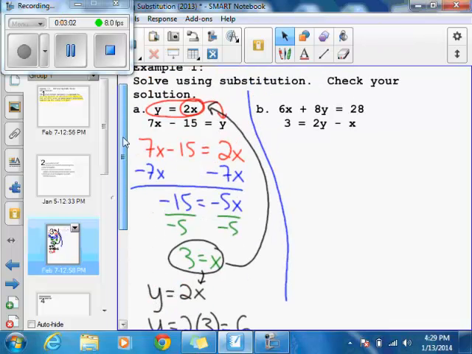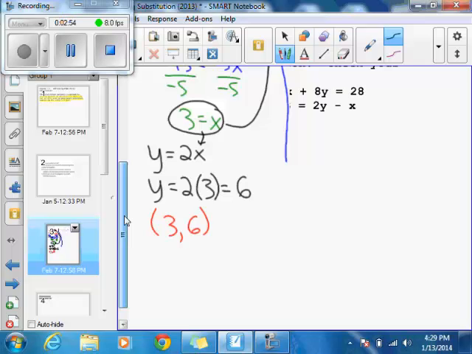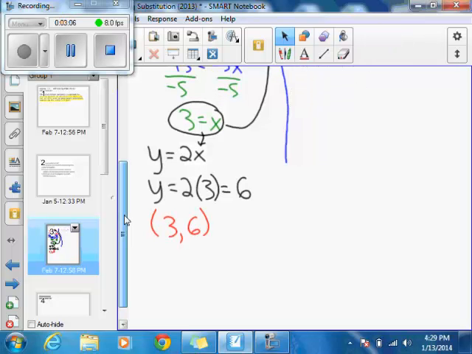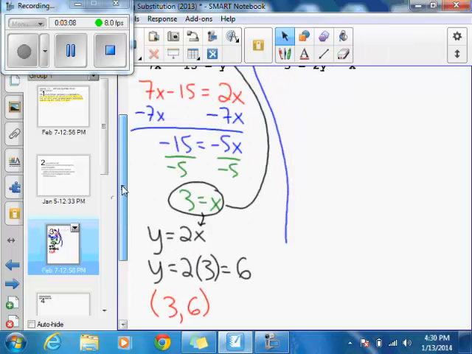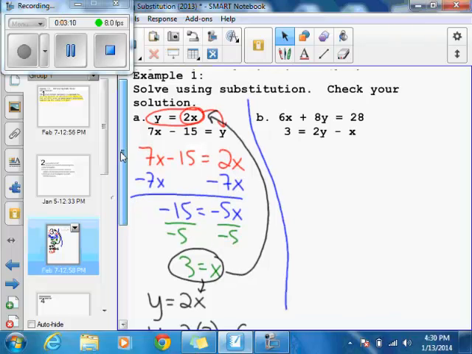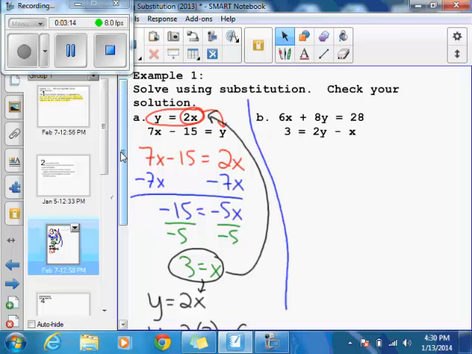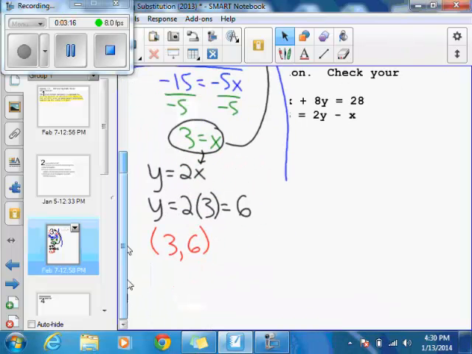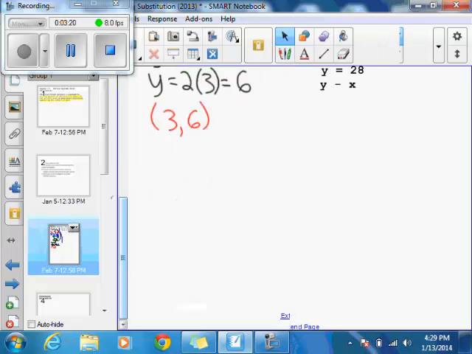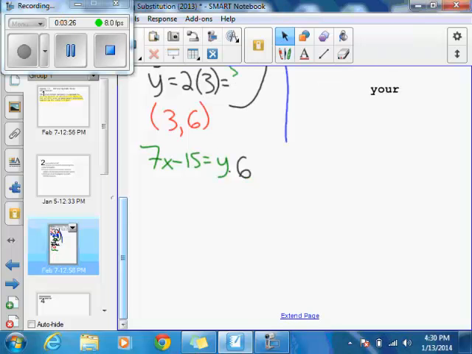Okay. Now, a good way to check is to plug that back in. Now, we know that this works in the first equation, right? 6 equals 2 times 3. So let's check the second equation. The second equation was 7x minus 15 equals y. Let's plug those numbers into the second equation just to make sure that we have the right answer.